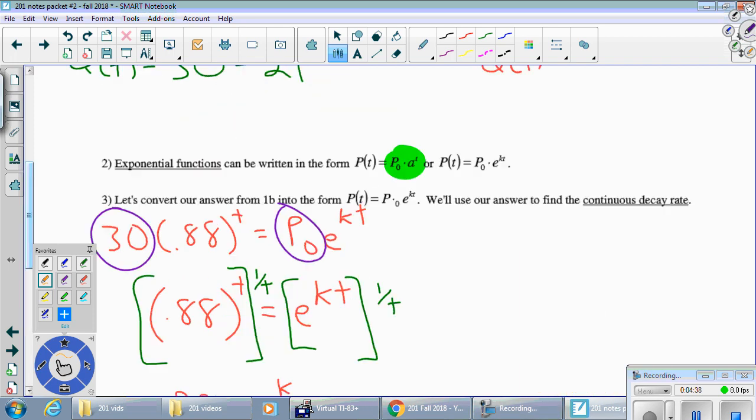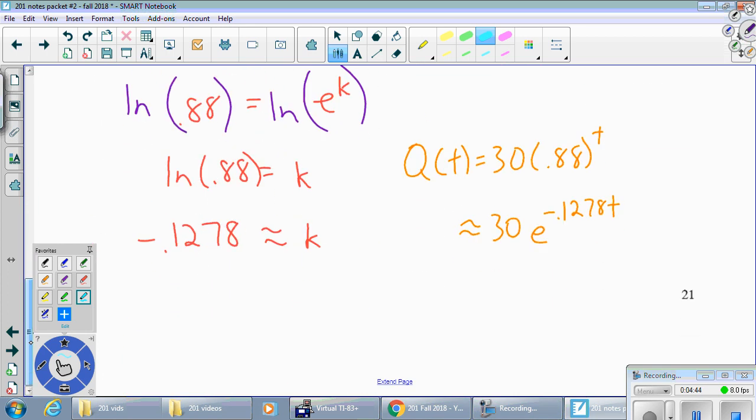It's vocabulary. It says find the continuous decay rate. So that's just the phrase that represents k down here. If you have an exponential function written in the form e to the kt, then k is called the continuous growth rate or continuous decay rate.